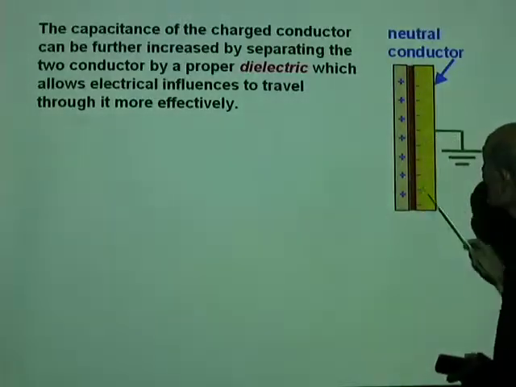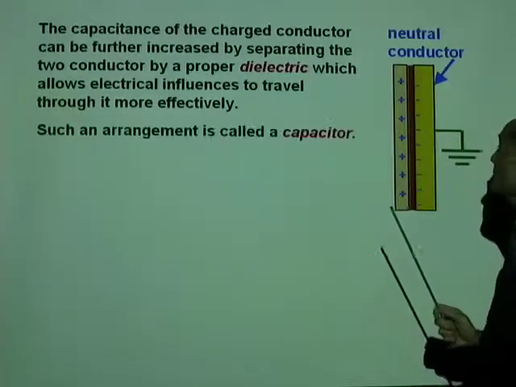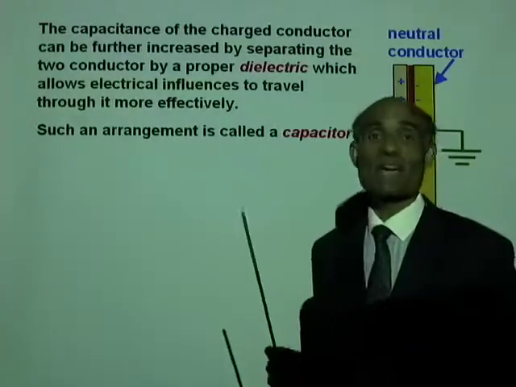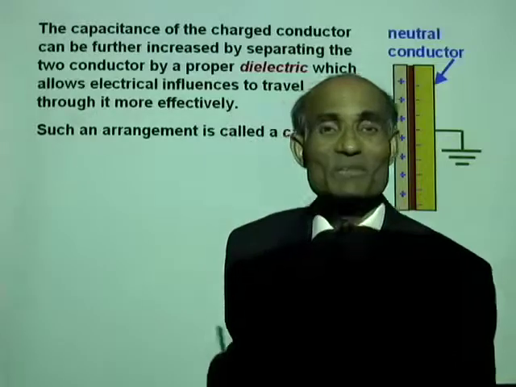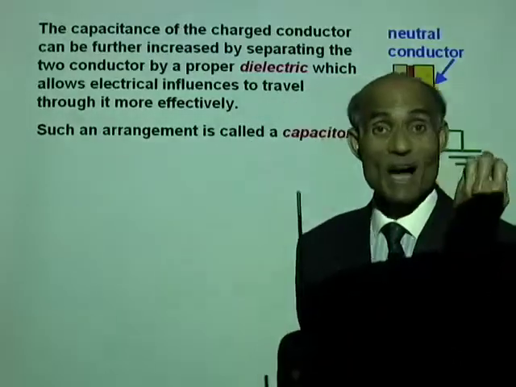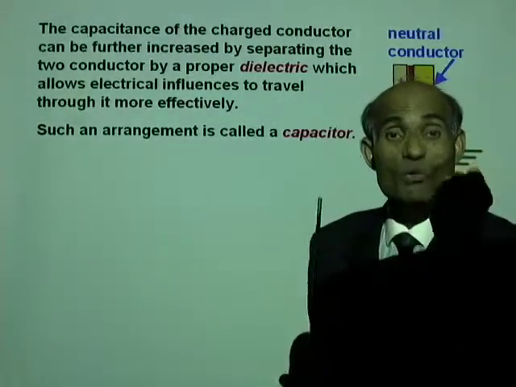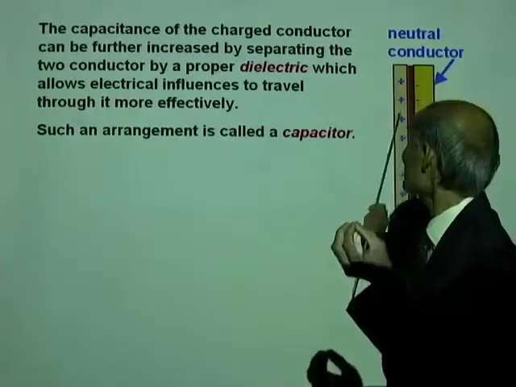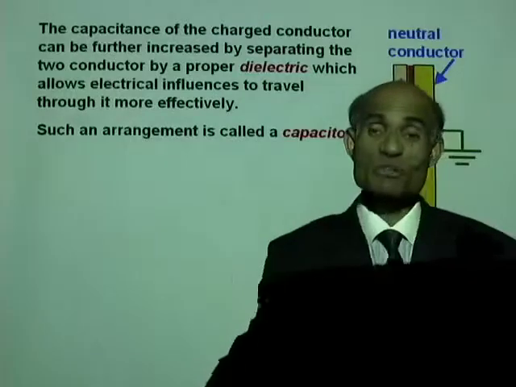Now here I have a dielectric in between. Such an arrangement is called a capacitor. You see, what we have done is we tried our best. We tried all we can to increase the capacitance of this conductor. What was the first thing we did?